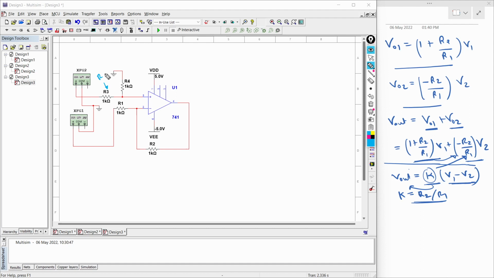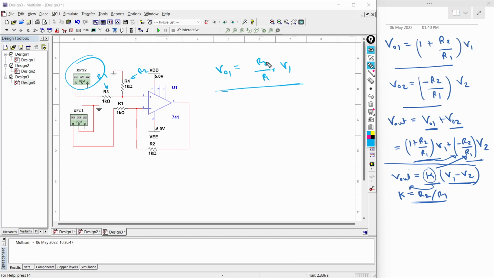This R3 resistance is actually R1 resistance, and this R4 resistance is actually our R2 resistance. So if we arrange everything in this manner, our gain for this signal will shift to R2 by R1 into V1.